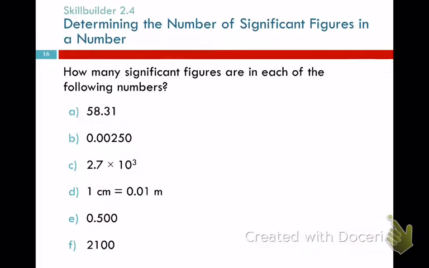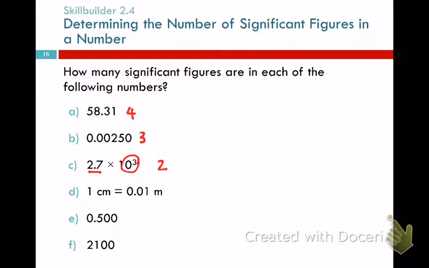Okay, so let's do it real quickly. Sig figs, what's that first one? 4. Second one? 3. Third one? 2. You don't include these in the sig figs, but they're still there. So it's just these two. 1 centimeter is 0.01 meters.